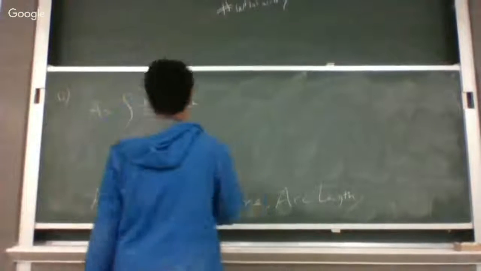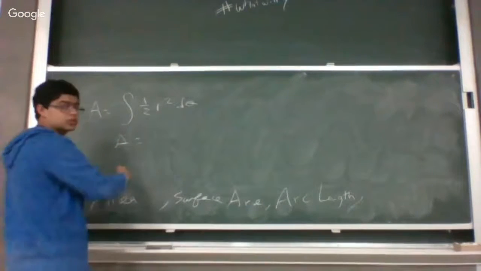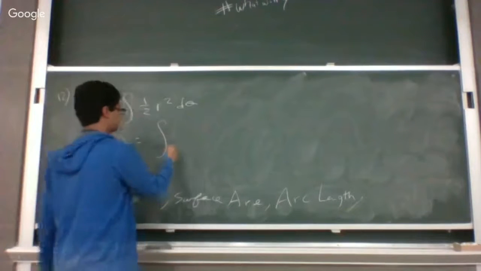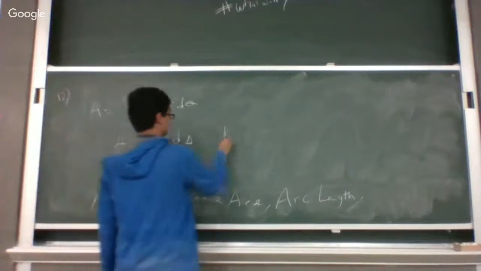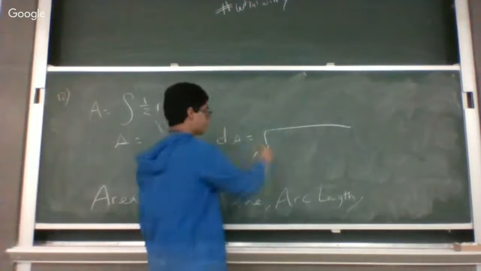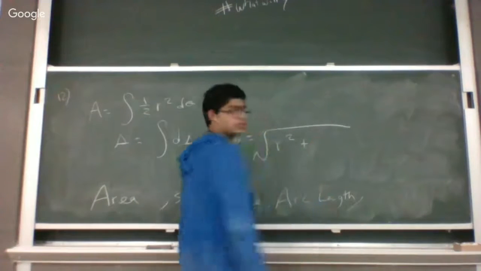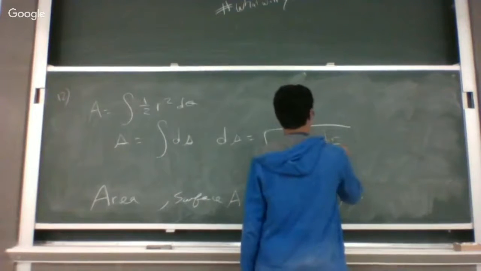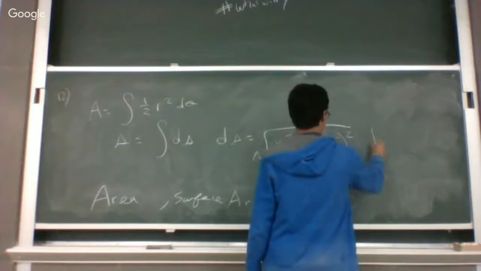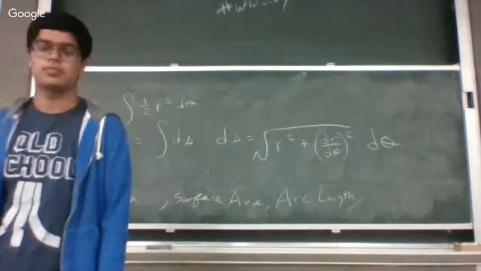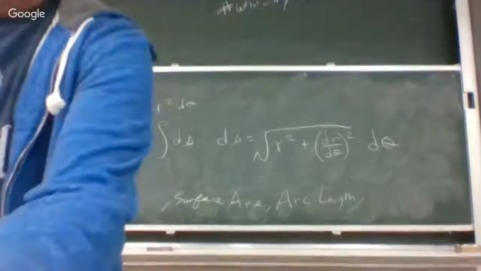Arc length is equal to the integral of the square root of r squared plus dr d theta quantity squared, d theta. Those are those equations.